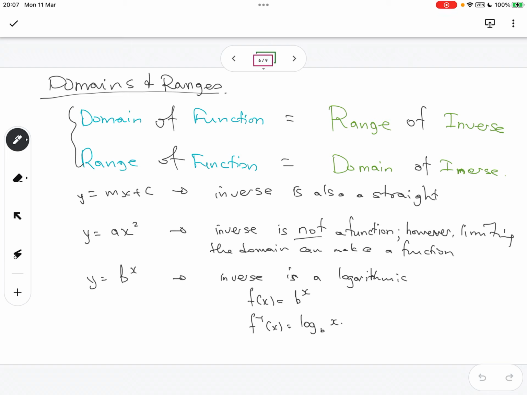So now about that. The domain of a function tells us more or less about the behavior of the x values. And the range of a function tells us more or less about the behavior of the y values.